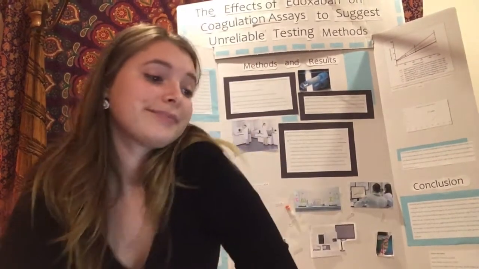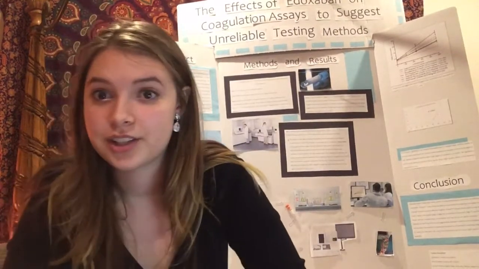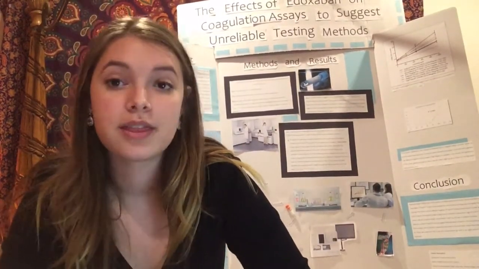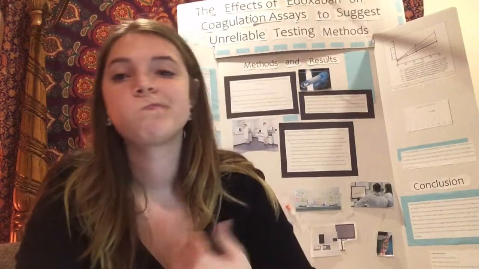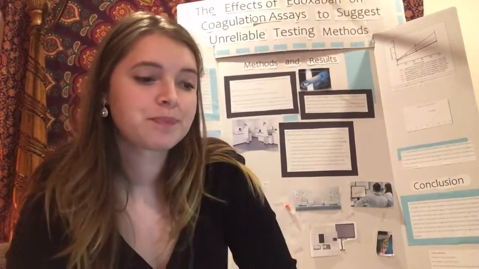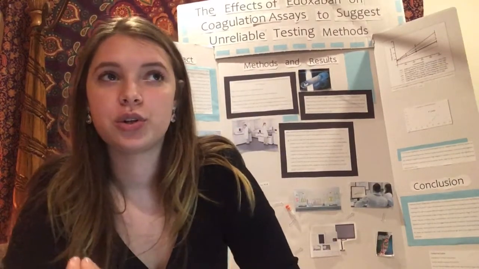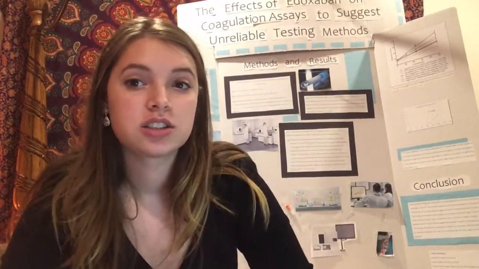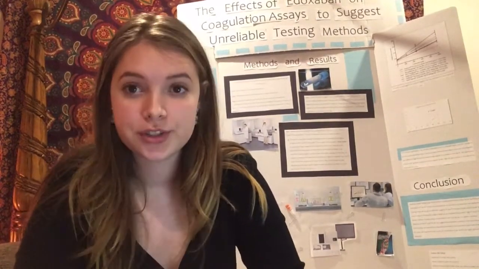So, expected results: it's going to be similar to other factor Xa inhibitors that have had studies done on them. PT and PTT will be elevated as concentrations go up, but it's not going to be perfectly linear. PT and PTT should only be used to screen, not to suggest how much edoxaban is in the bloodstream.